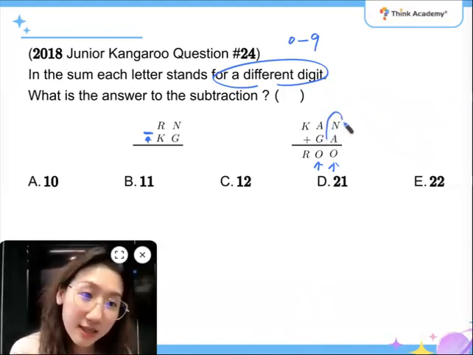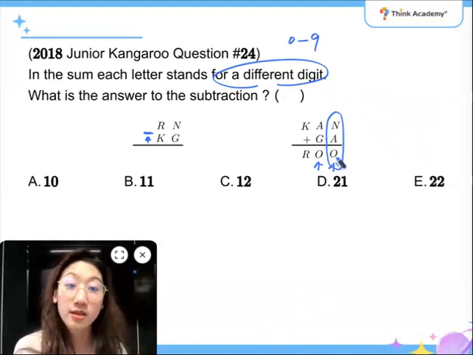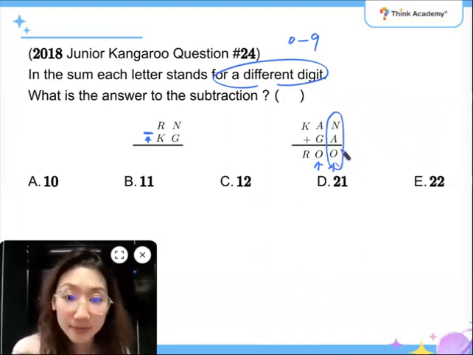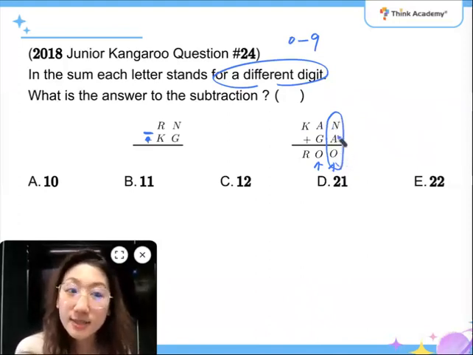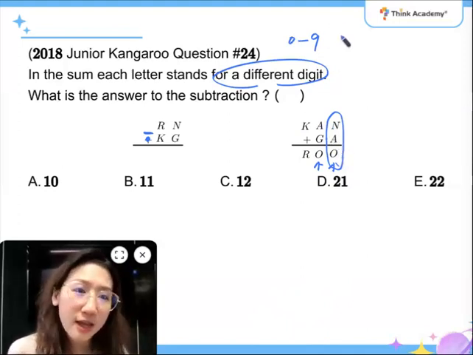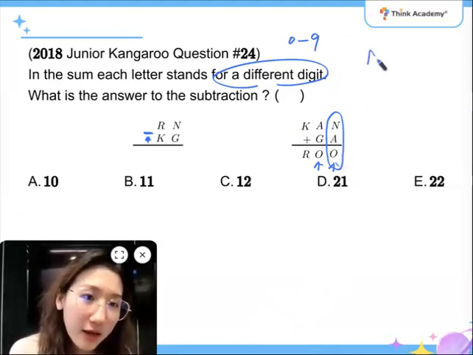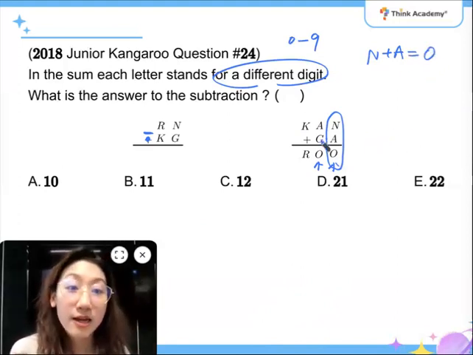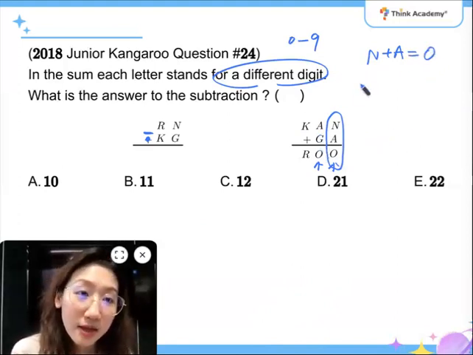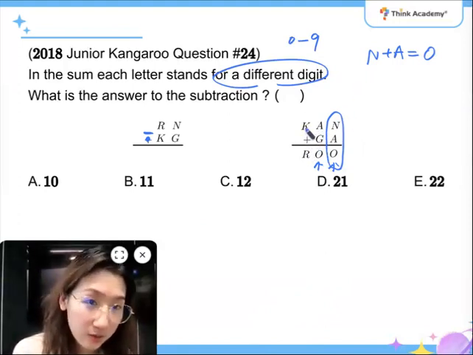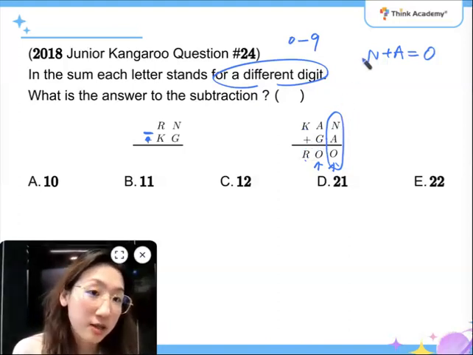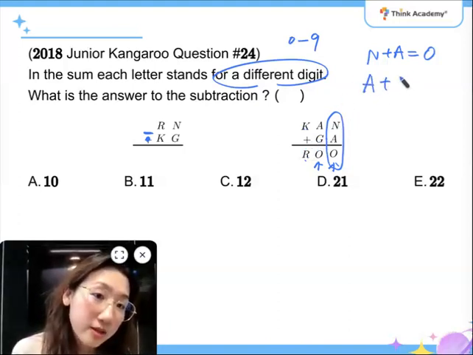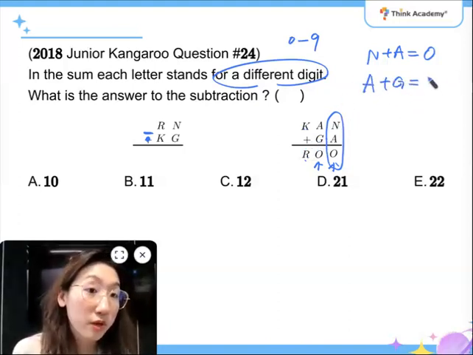So let's look at the first column and see whether the carryover happens here. So let's say if it doesn't happen here, you would have N plus A exactly equal to O. And if it doesn't happen, that means the carryover will happen over here because, again, here's K, here's L. You also have to make it different as well. So A plus G is then equal to a carryover of 1.